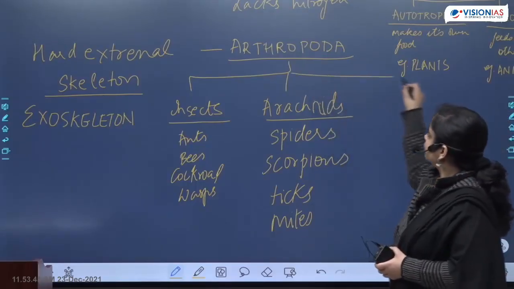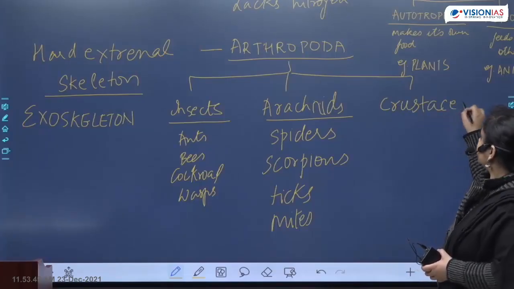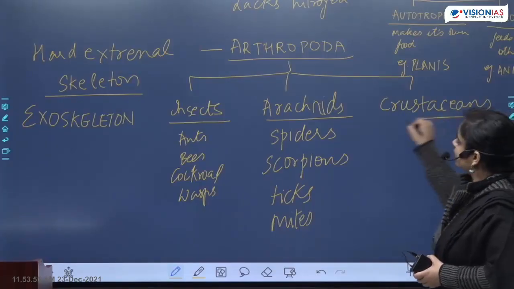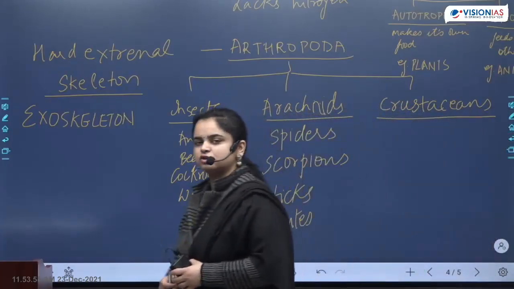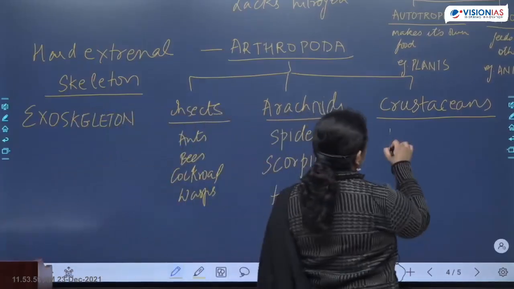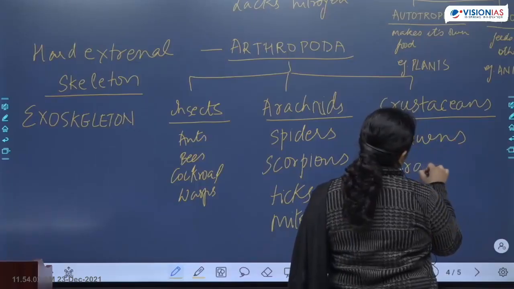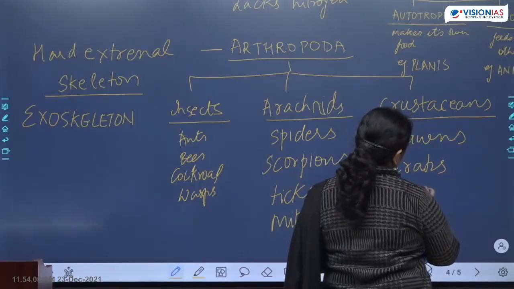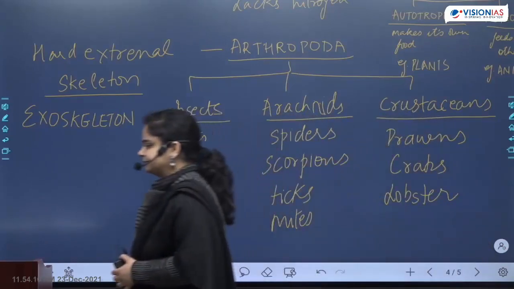And then one more category we have here, which are your aquatic organisms, crustaceans. So all your seafood comes in this category. We have prawns, crabs, lobster.